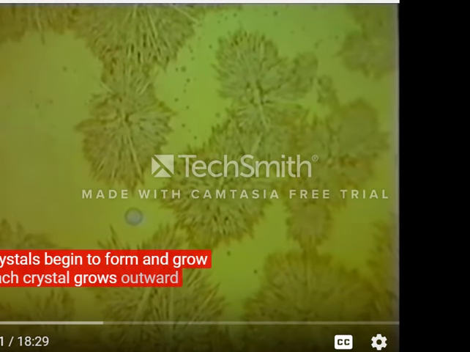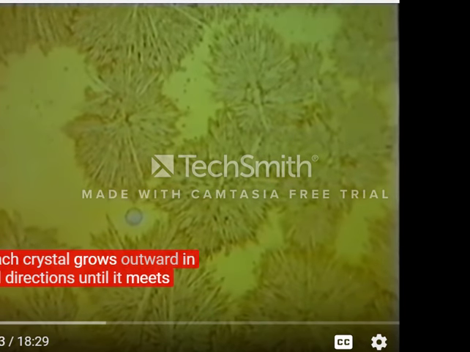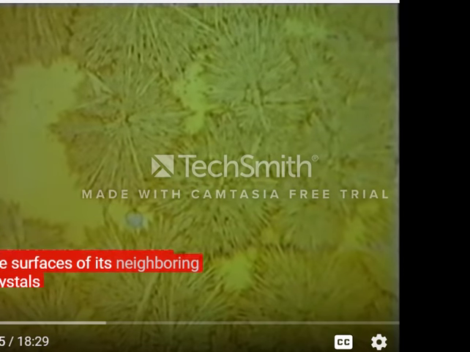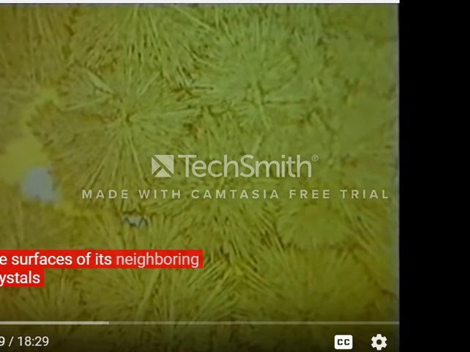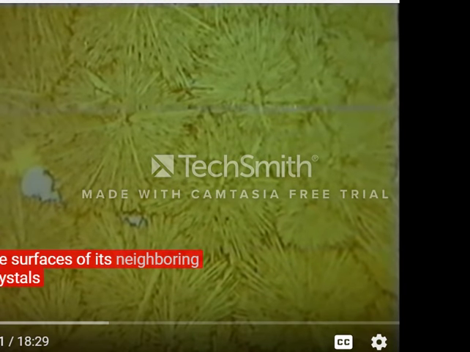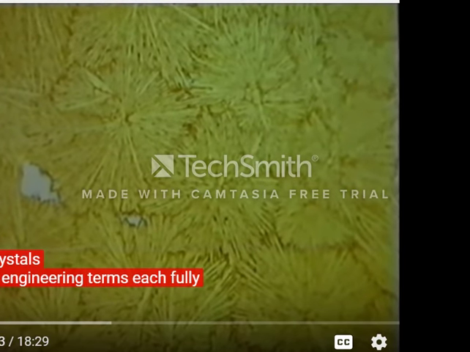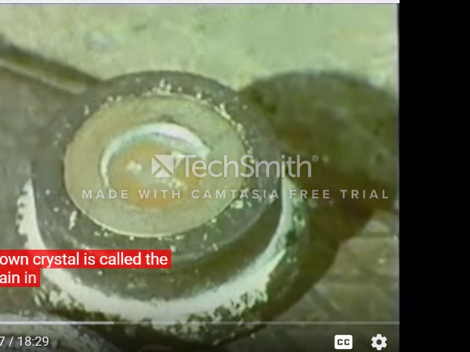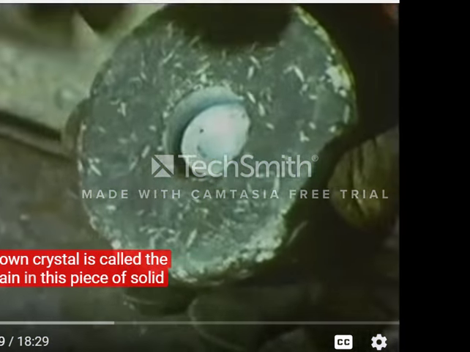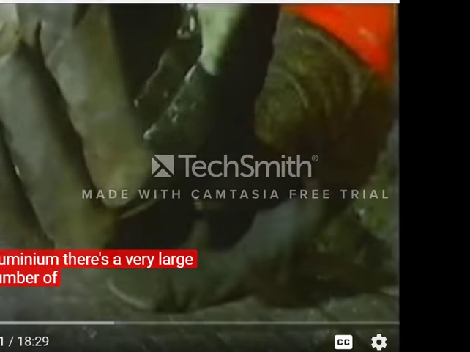Each crystal grows outwards in all directions until it meets the surfaces of its neighboring crystals. In engineering terms, each fully grown crystal is called a grain. In this piece of solid aluminium, there's a very large number of grains.